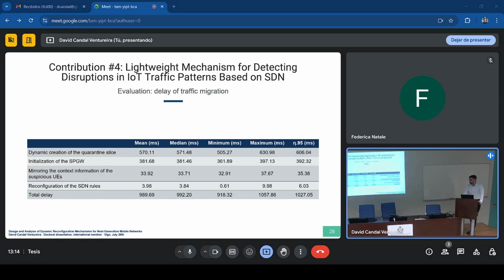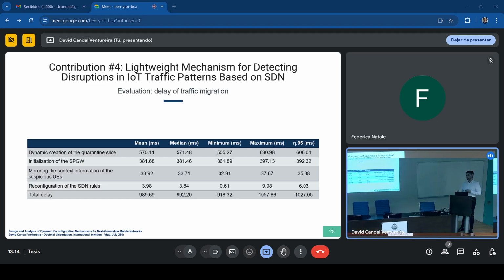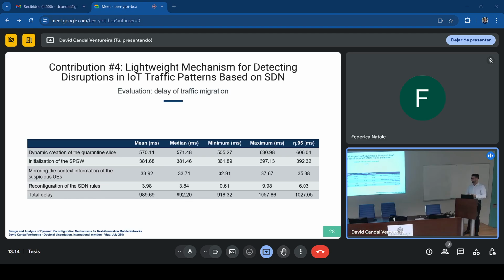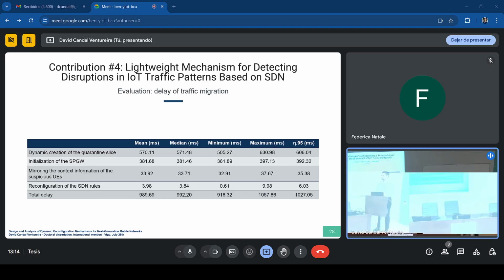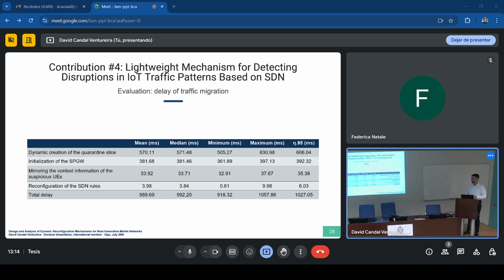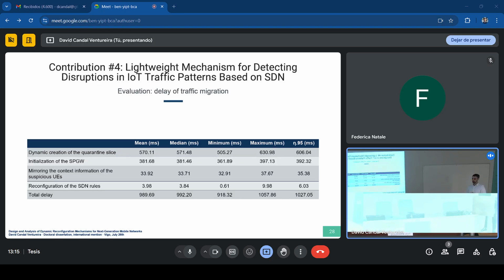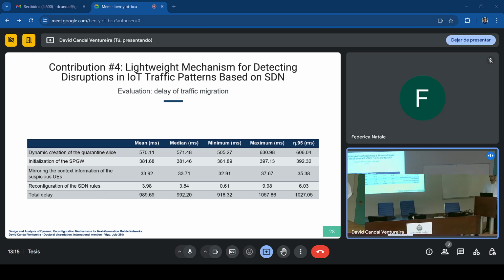But if you are constantly analyzing the traffic and there is constantly traffic that deviates from the expected behavior, I guess that the most optimal solution would be to keep the quarantine slice up all the time. It would depend on the frequency at which traffic deviates from the expected behavior.